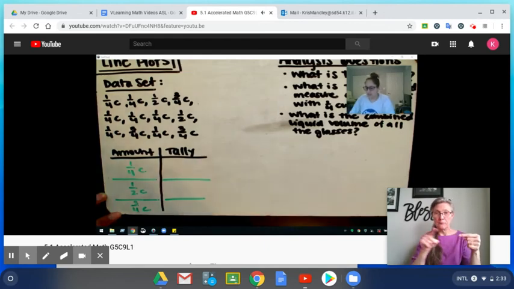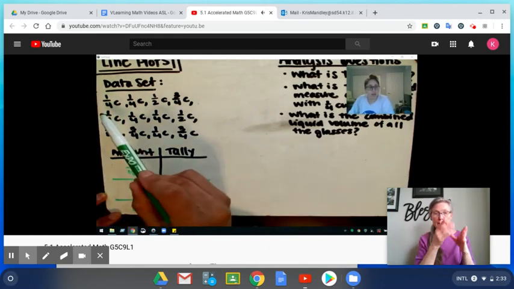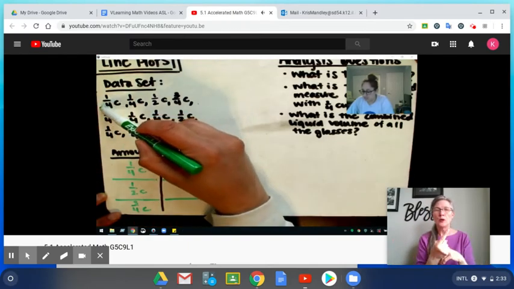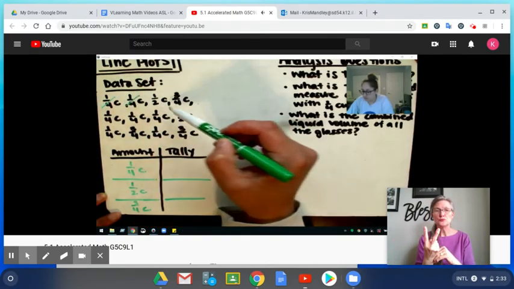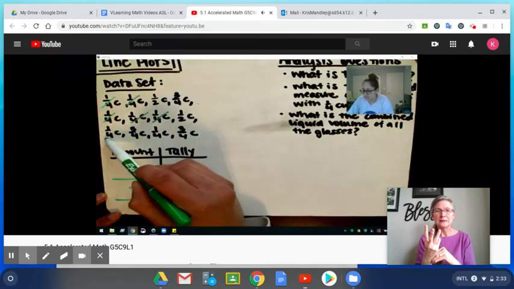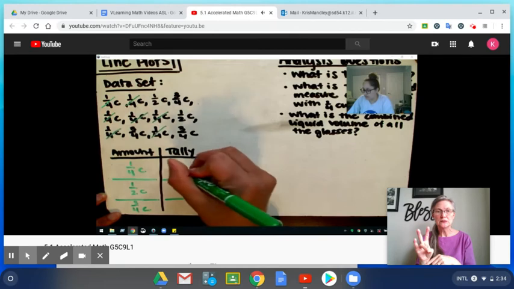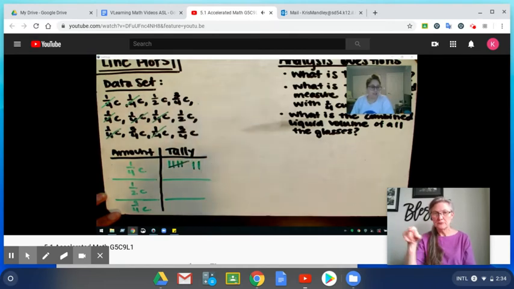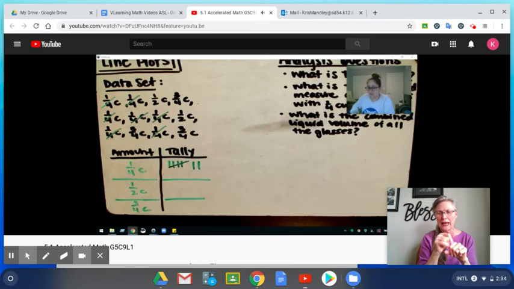So now I'm going to go through my data, and I'm going to count how many times 1/4 cup is in my data. So let's see, I've got 1, 2, 3, 4, 5, 6, 7. And I just kind of crossed off my numbers as I was going, just to make sure I didn't accidentally forget something or count something twice.